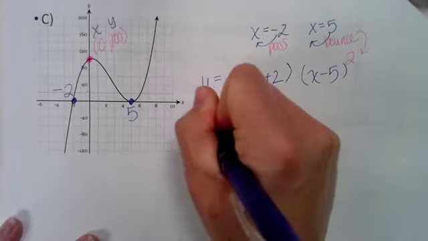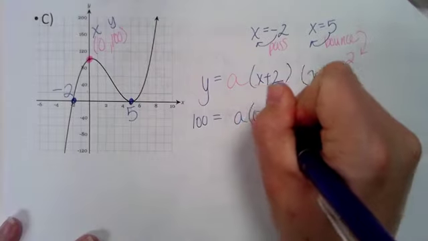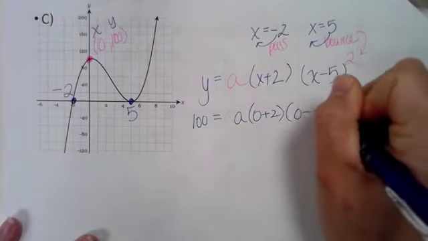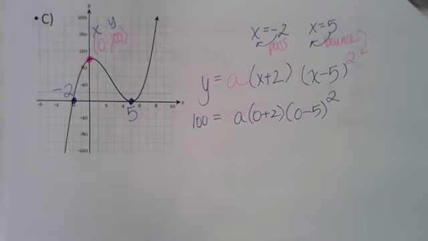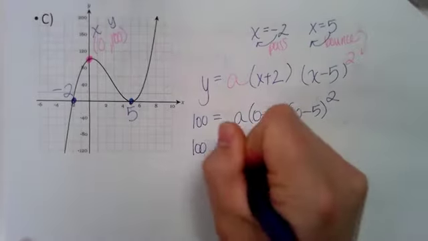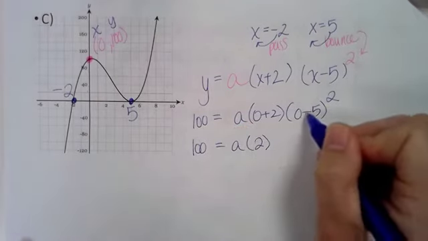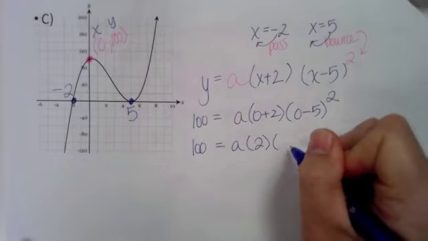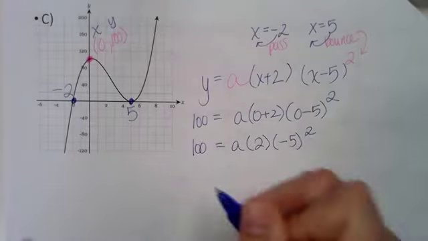So we have 100 equals A times 0 plus 2 times 0 minus 5, quantity squared. Don't forget your power. That's important. All right, we're going to do some cleanup here. 0 plus 2 is 2. 0 minus 5 is -5, and it's getting squared.